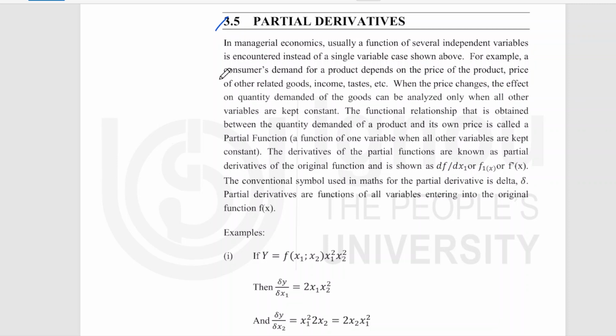The functional relationship between the quantity demanded of a product and its own price is called a partial function, a function of one variable when all other variables are kept constant.